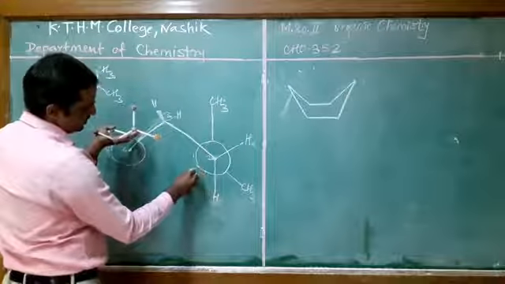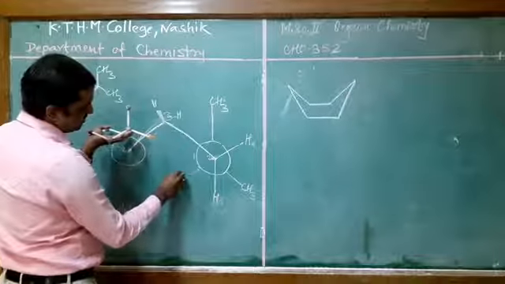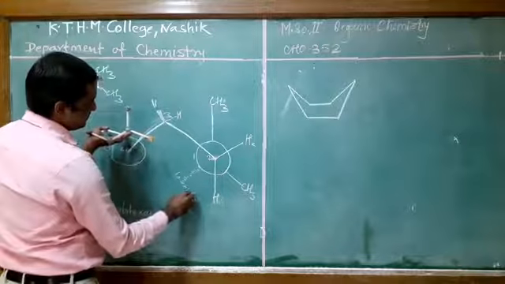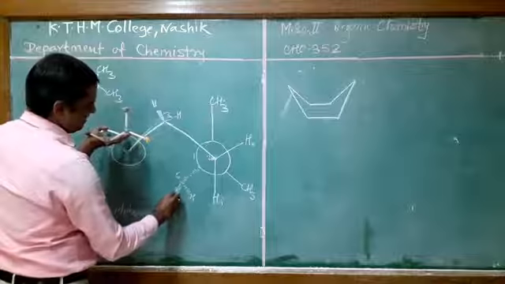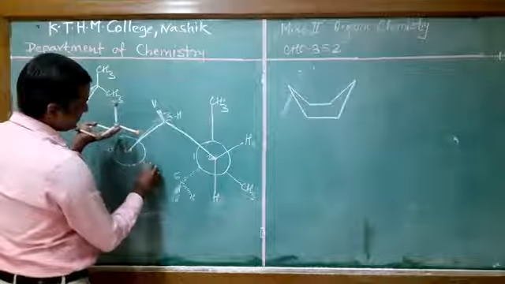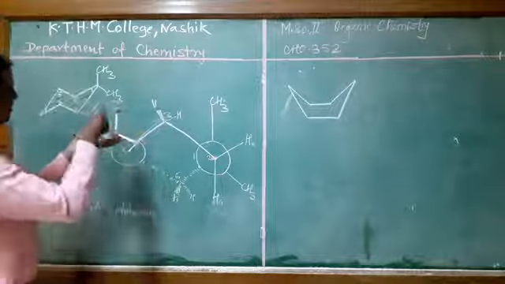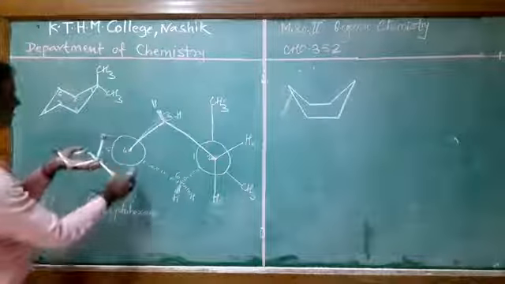Actually, we know that this carbon is connected to carbon number 6, which has these 2 substituents. This carbon number 6 is further connected in the upward direction with carbon number 5.